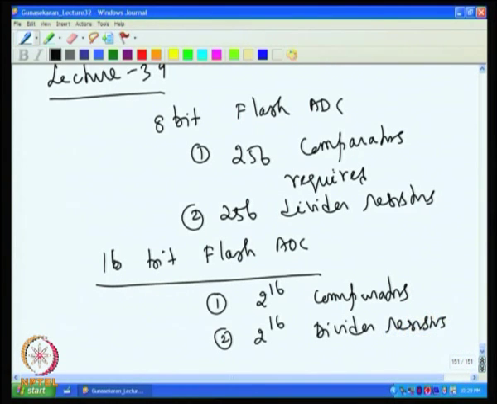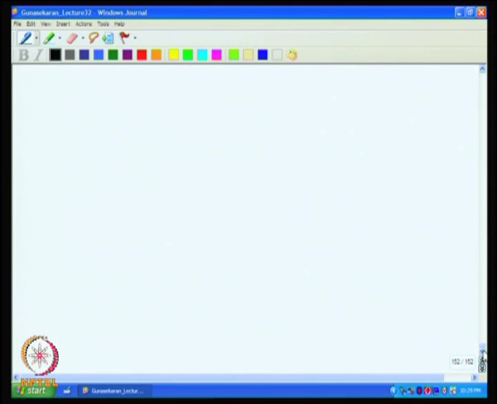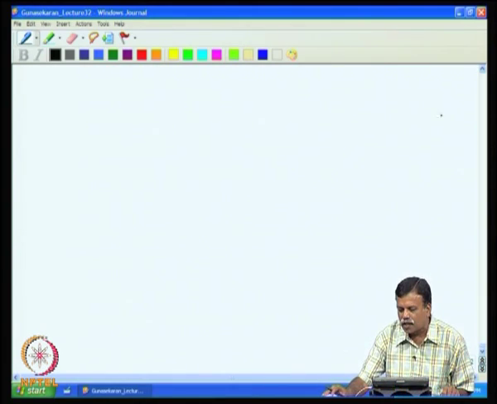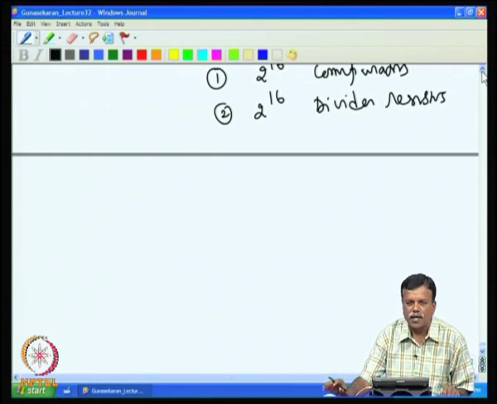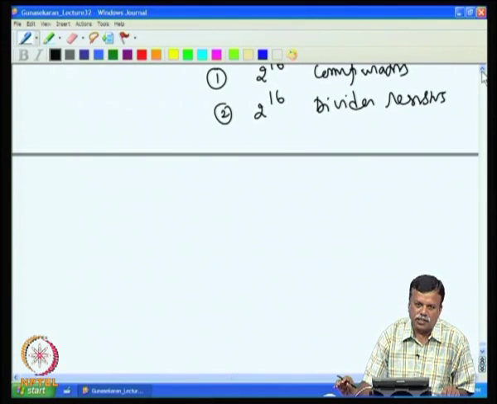This is not easy to achieve. Because 64,000 comparators and 64,000 resistors, and then combining the 64,000 bits into a 16 bit usable A to D output is not an easy job.